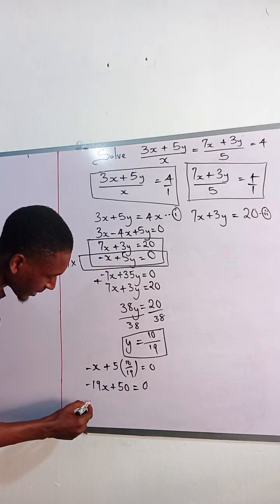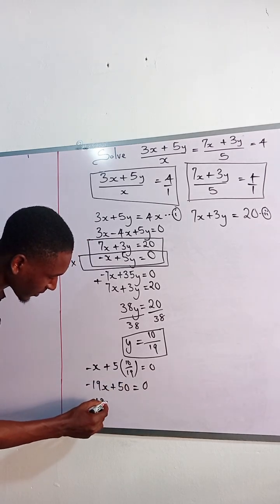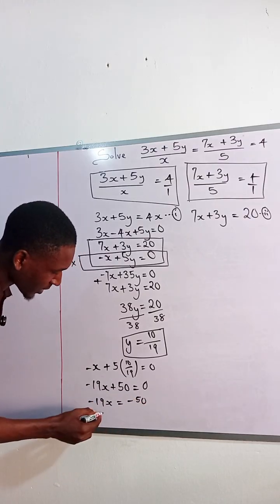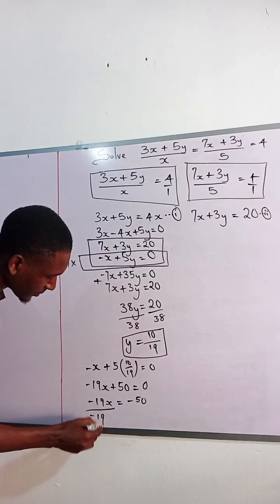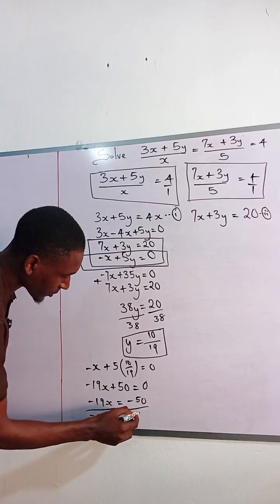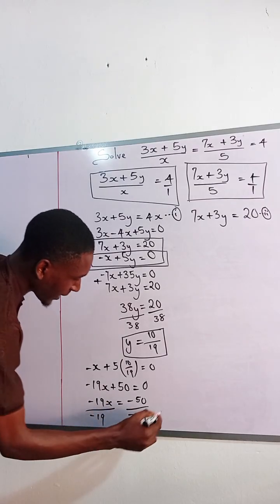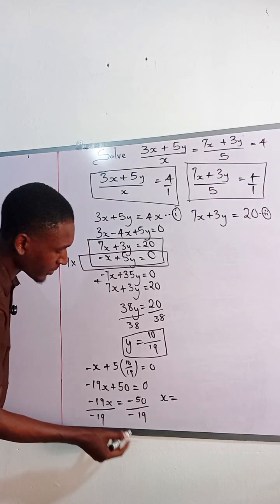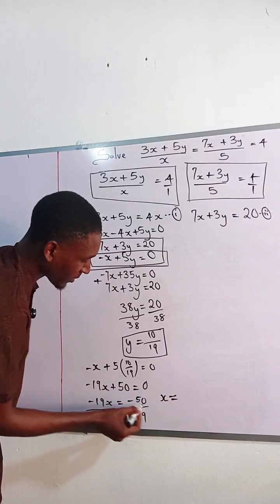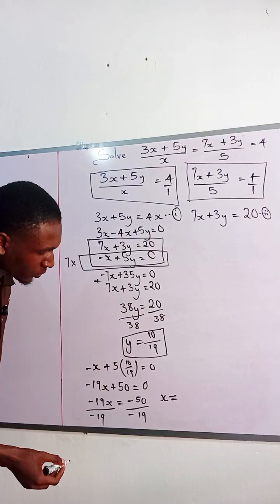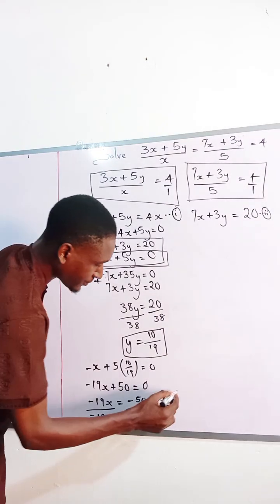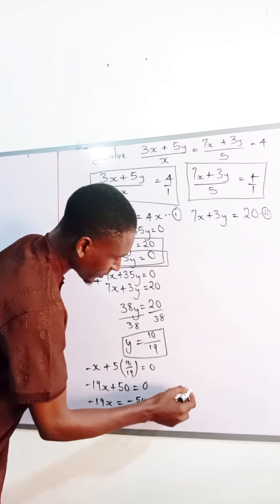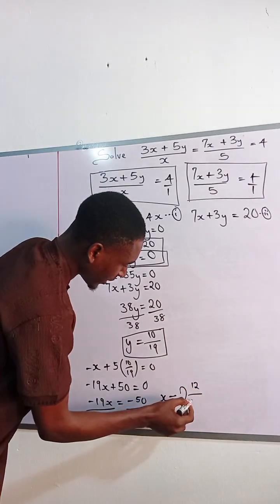So we can collect like terms so that minus 19x would be equal to minus 50. And when we divide by minus 19, our x is going to be equal to, minus divided by minus is now positive, 50 divided by 19, which is 2 whole number, then 12 over 19.